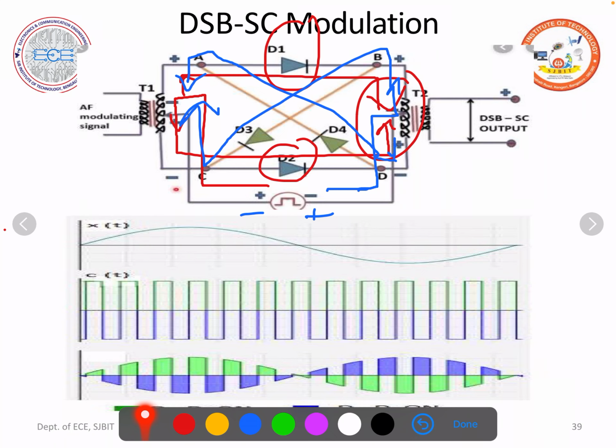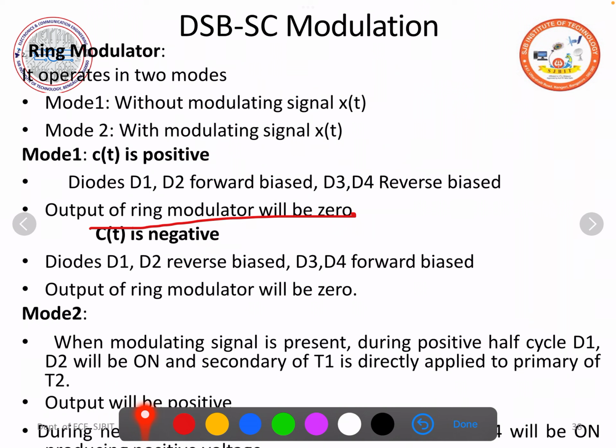Again the output will be 0, so the carrier is suppressed. So when the message signal is not present, in both the positive half cycle and the negative half cycle of the carrier, the carrier is suppressed.